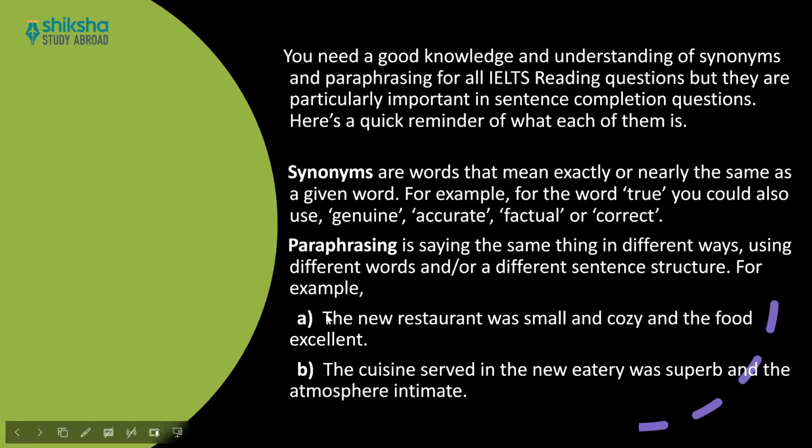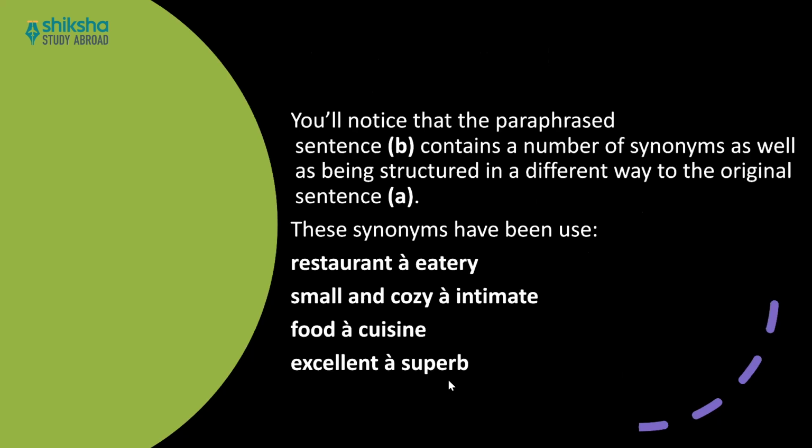So you are realizing that A and B are similar in meaning, but you can see how the structure and the words and phrases have changed. Let's see in another slide, how have they done it? You'll notice that the paraphrase sentence B contains a number of synonyms as well as being structured in a different way to the original sentence A.